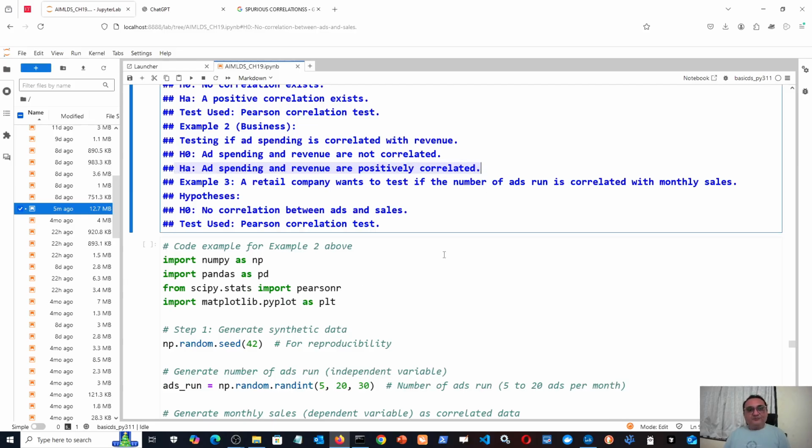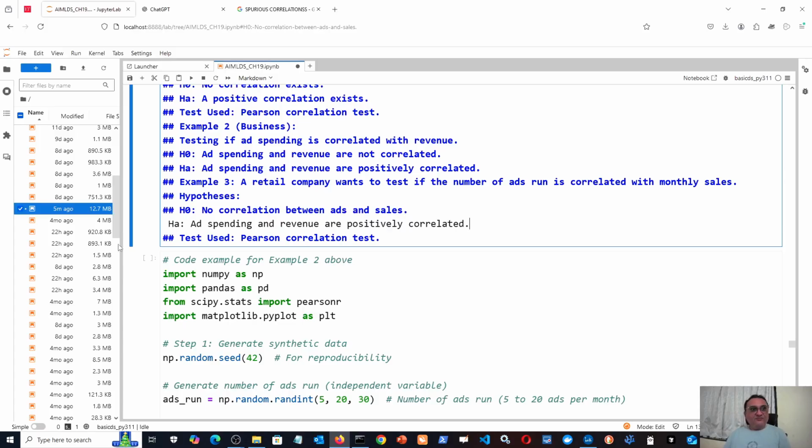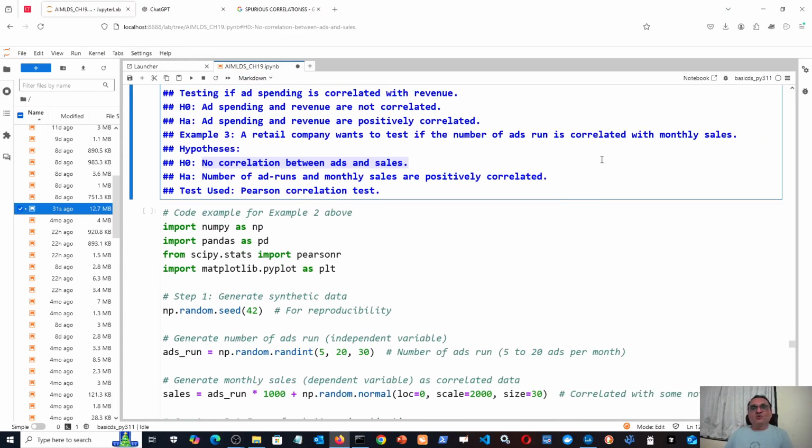So here it would be that the number of ad runs and sales are positively correlated. Positively correlated means that as I run my ad more times during the day, my monthly sale will also increase. That is what the alternative hypothesis says. The null hypothesis says that there is no correlation between the variables number of ads run and monthly sale.